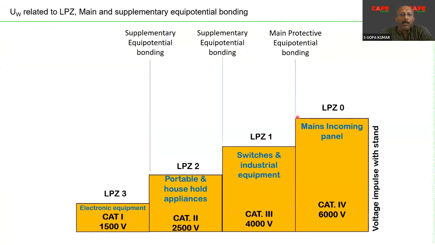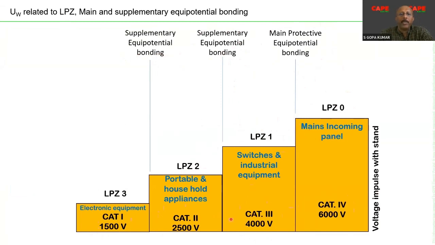Once the power line crosses each and every zone, like with respect to lightning protection, the building is classified into zone 0, zone 1, LPZ1, LPZ2, and LPZ3. With respect to electrical safety, at the mains incoming panel we are supposed to have the main protective equipotential bonding. At the sub switchboard, probably supplementary equipotential bonding, and so on. So basically, this is the concept with respect to SPD.